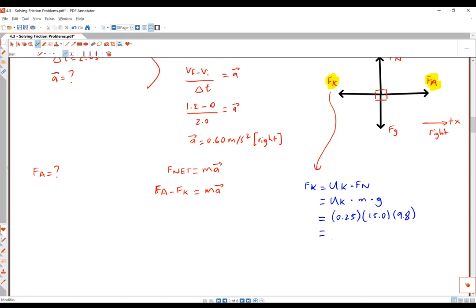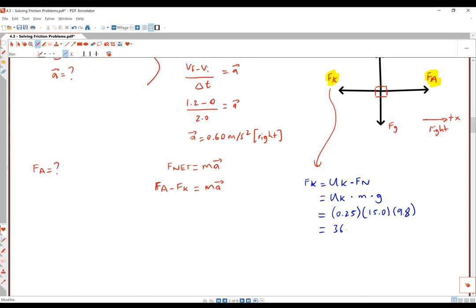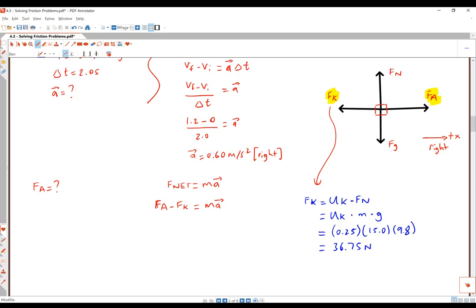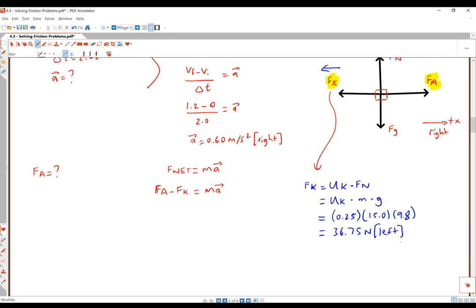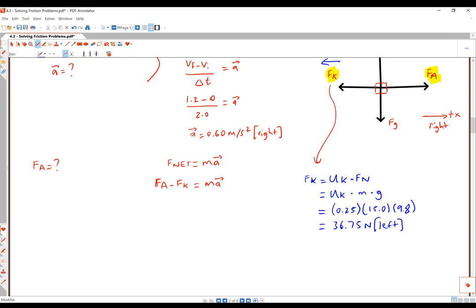So our kinetic friction is going to be equal to 36.75 newtons, and the direction of the kinetic friction is towards the left.